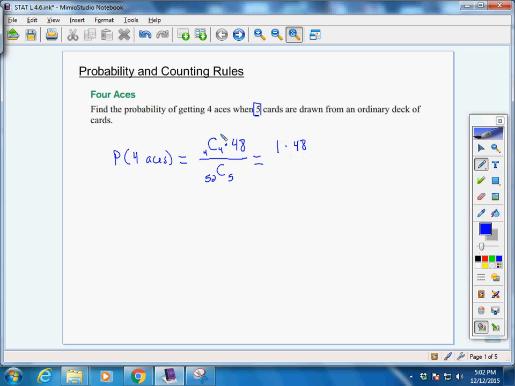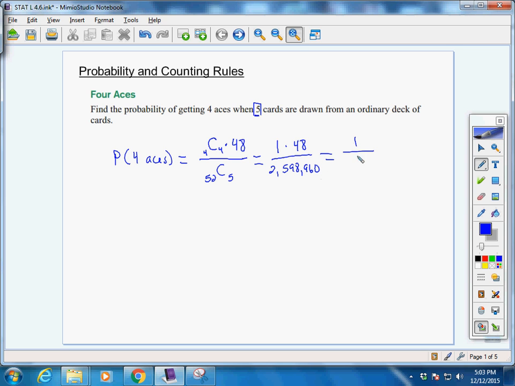So this is getting the aces, and this is the number of choices for the 5th card, over our combination of 5 cards taken out of 52, which works out to be 2,598,960.